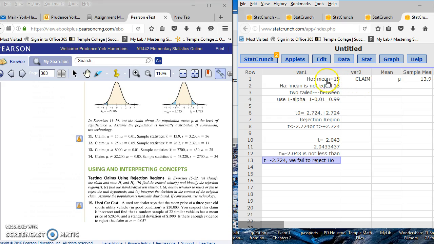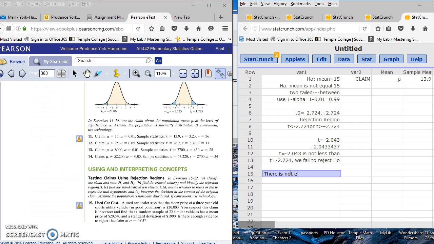Now, since the null hypothesis is our claim, and we fail to reject that claim, we actually can say that there is not enough evidence at the 1% level of significance to reject the claim. So there, I apologize, I'm misspelling here. That's twice, I'm so sorry.